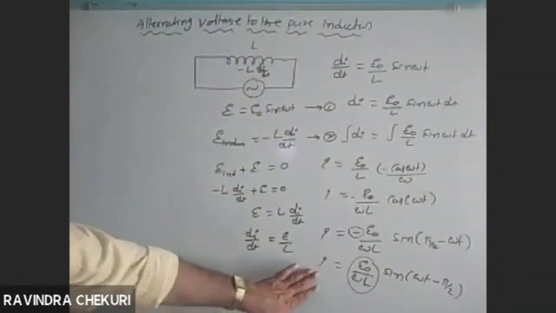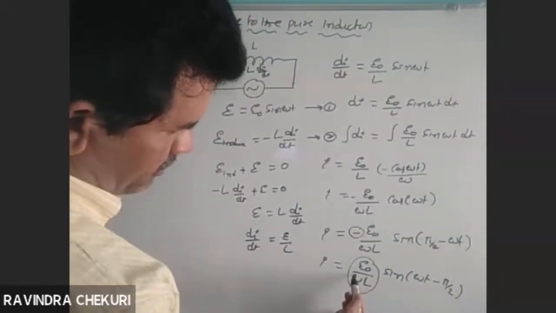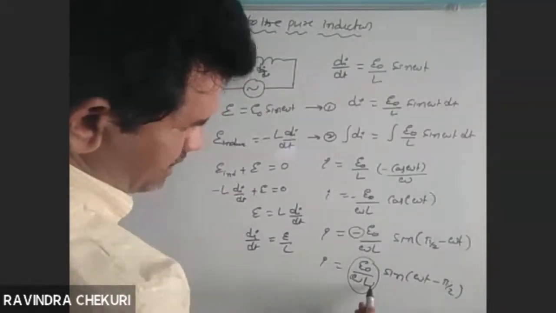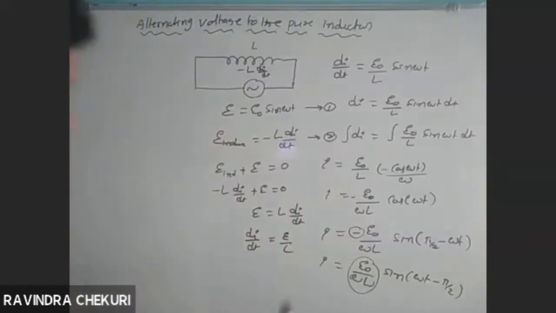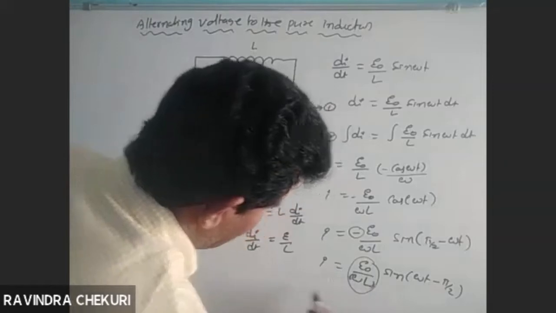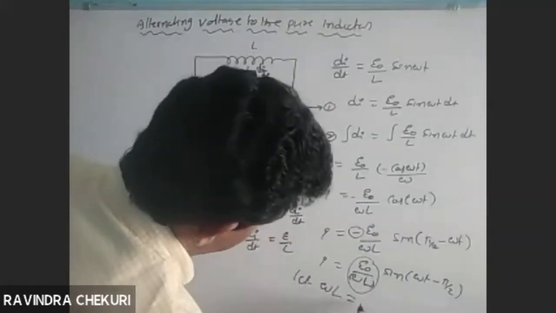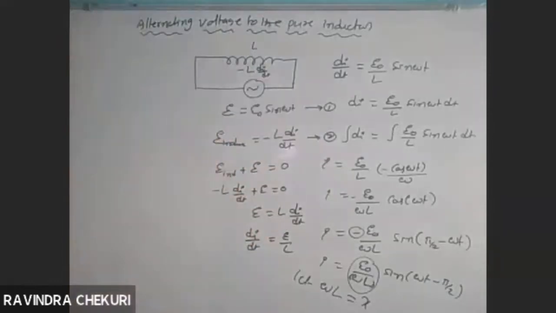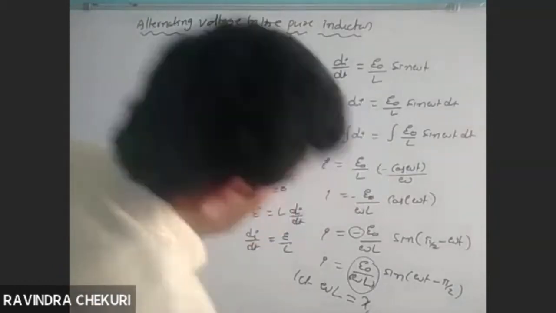This is the current, but this is the applied potential, so omega L can be treated as a resistance, since potential by resistance is current. It is one type of opposition produced by the inductor, called reactance, not resistance.